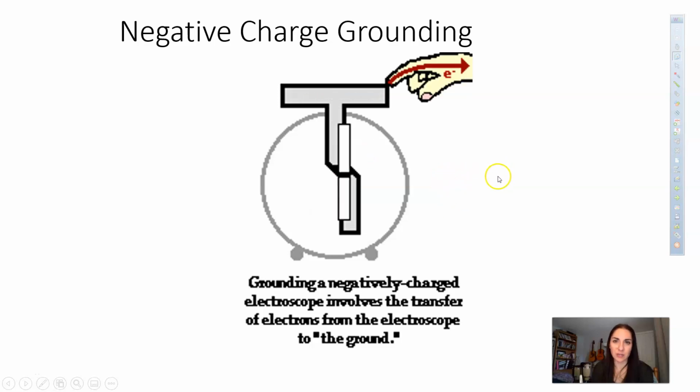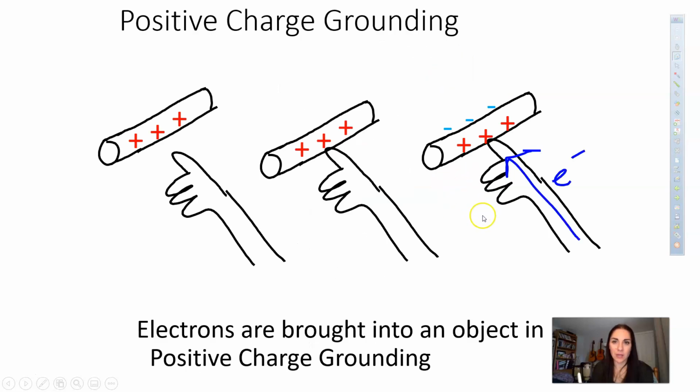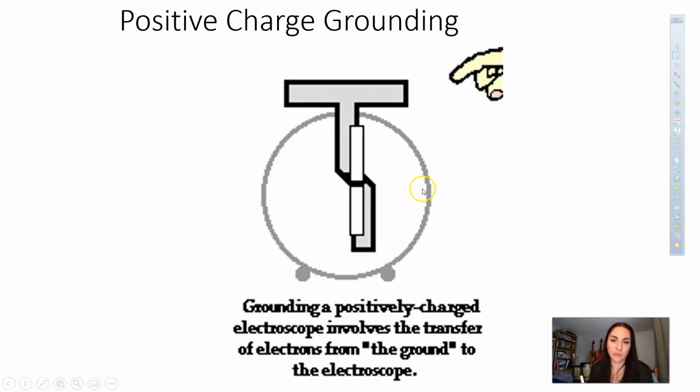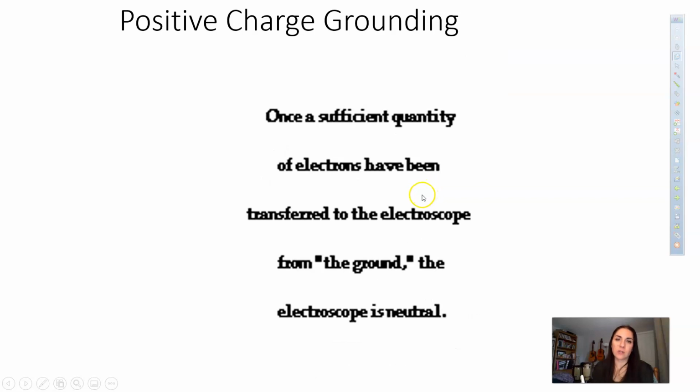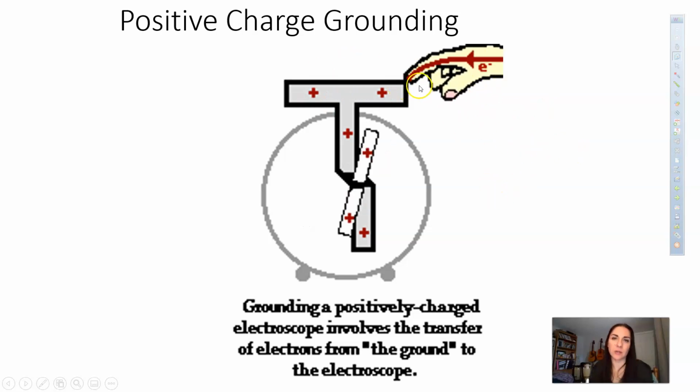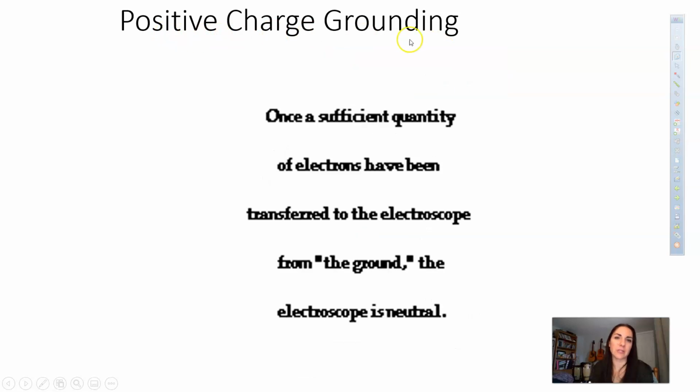So that's what it means by negative charge grounding. And then with positive, you add electrons to neutralize it. If you touch a positive object, then electrons go to the object that it's neutralizing. So think of it in terms of neutralization instead of positive and negative grounding, although I like that it shows you what happens to the transfer of electrons. I don't really go crazy about positive or negative grounding.